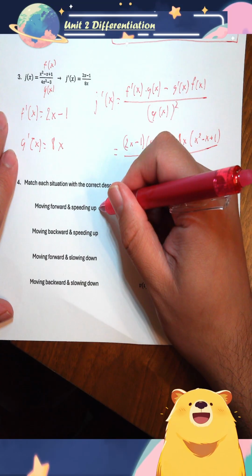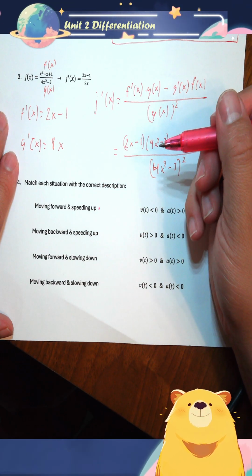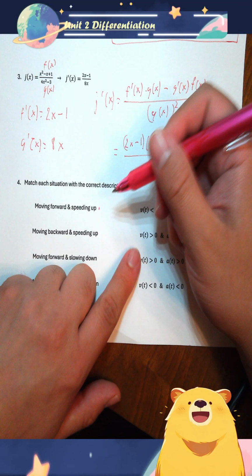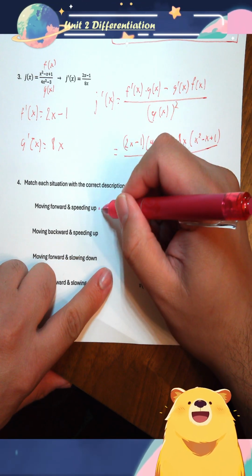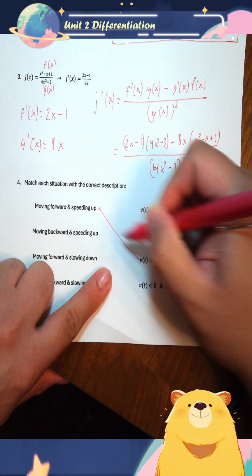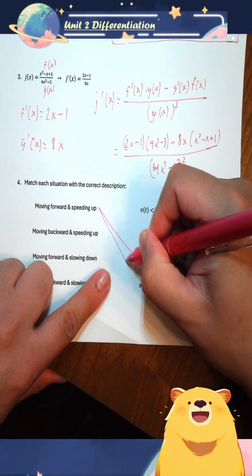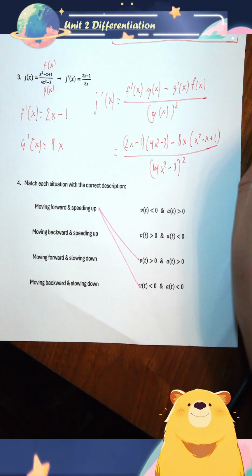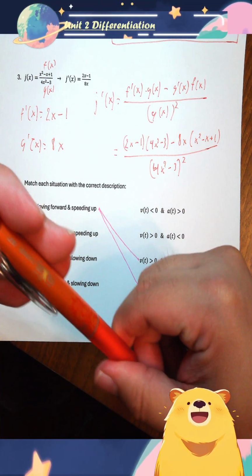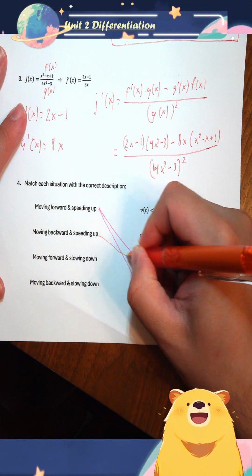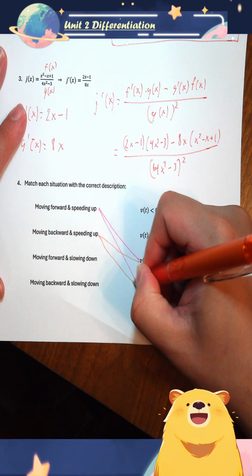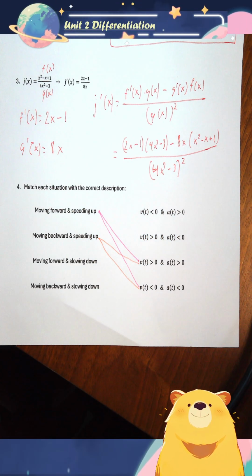So that means this one has two possibilities. It can either be where these signs are matching over here, or these signs are matching over here. Same thing over here. These signs are matching, or these signs are matching.